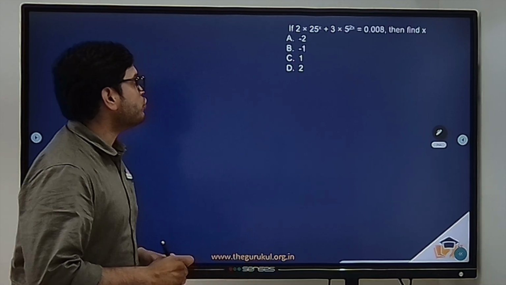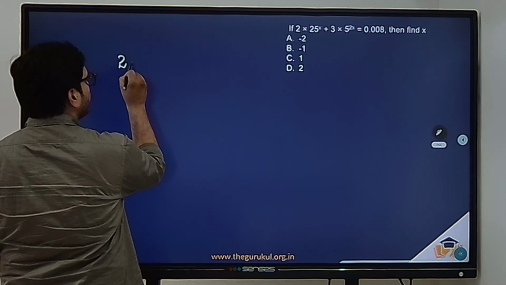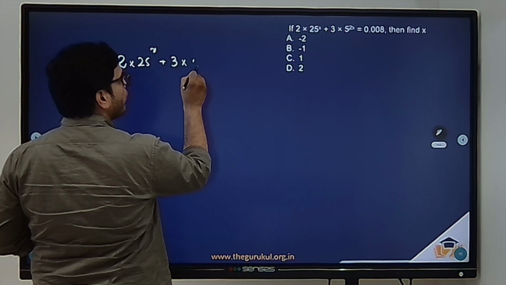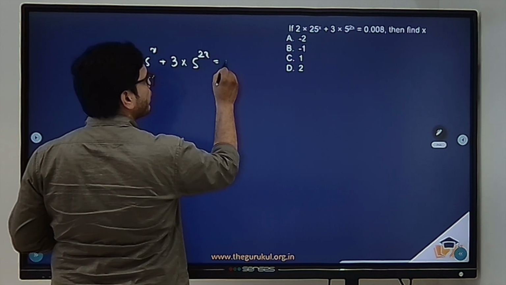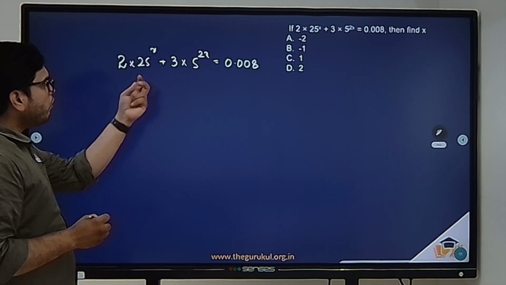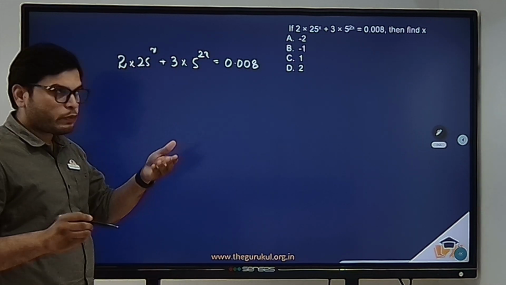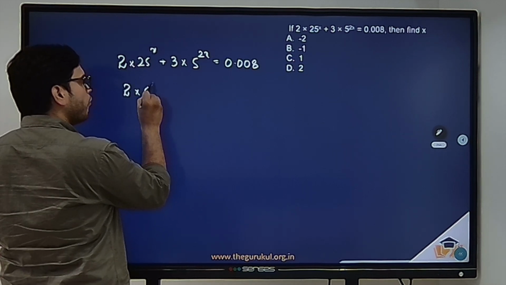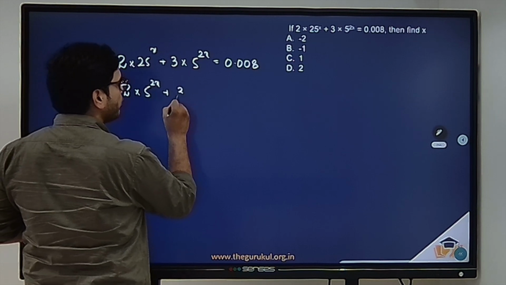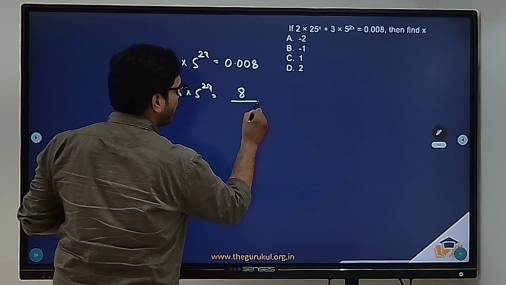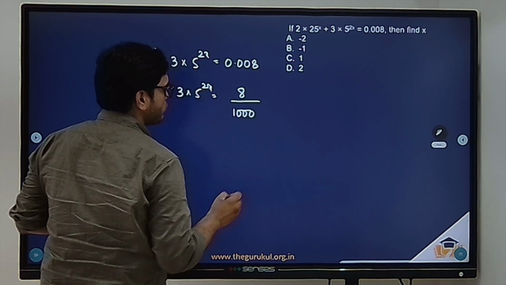Now coming to fifth question. 2 into 25 power x plus 3 into 5 power 2x is equal to 0.008. Now let me write 25 as 5 square. So this becomes 2 into 5 square whole power x, 5 power 2x plus 3 into 5 power 2x. Now this is nothing but 8 by 1000.